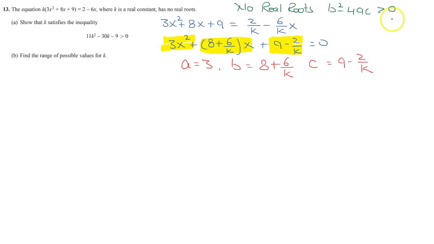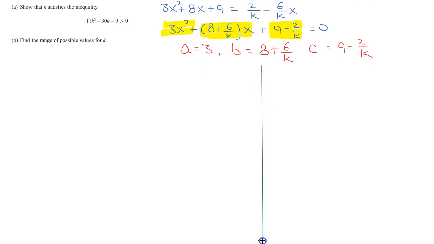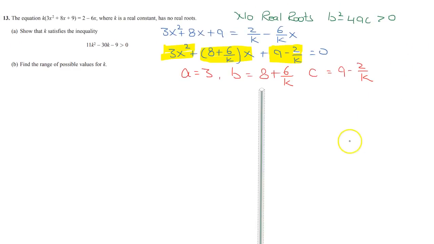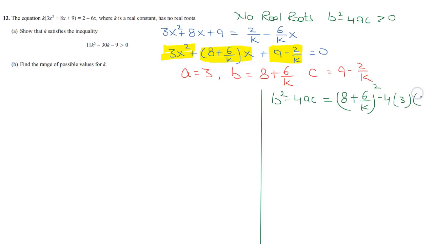Let me put these values here: b square minus 4ac is equal to b, which is 8 plus 6 over k, squared, minus 4, a is 3 and c is 9 minus 2 over k.